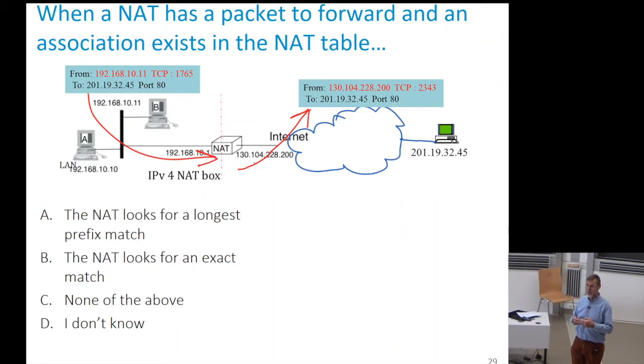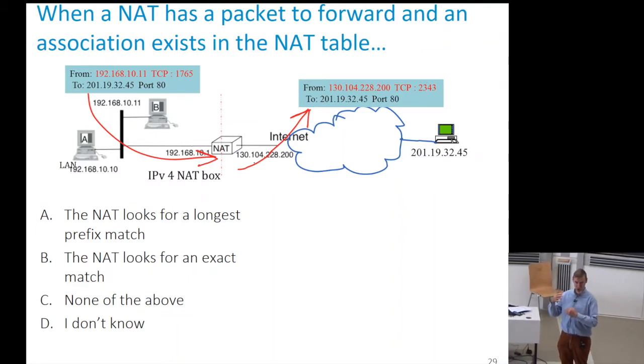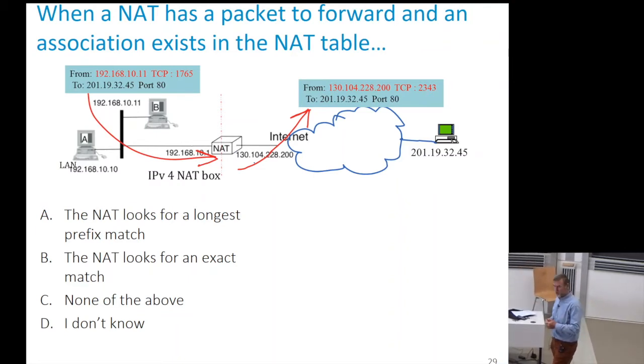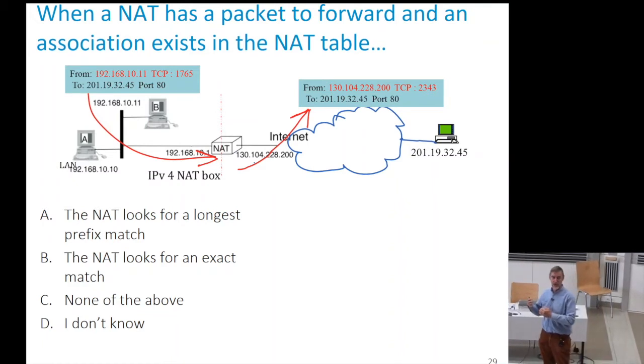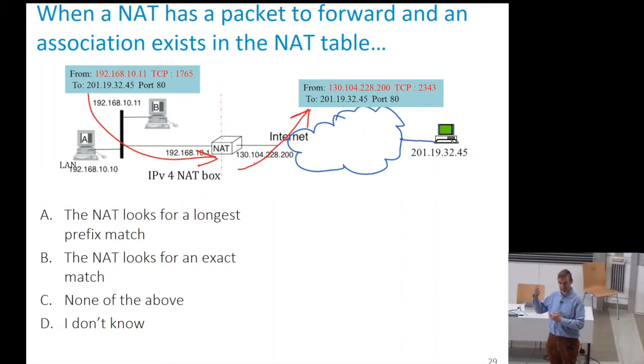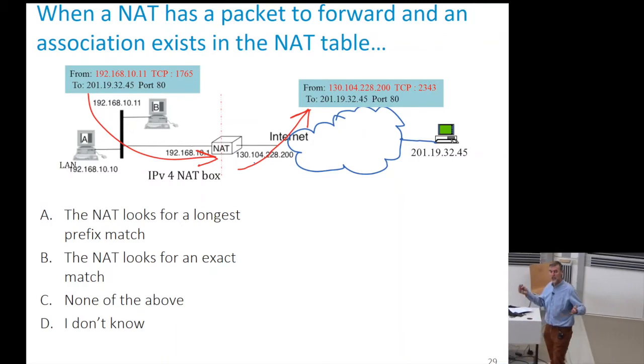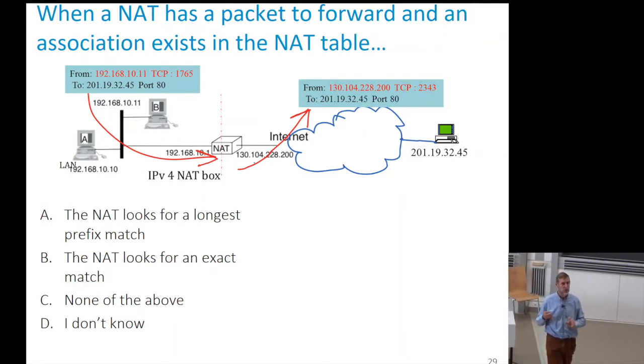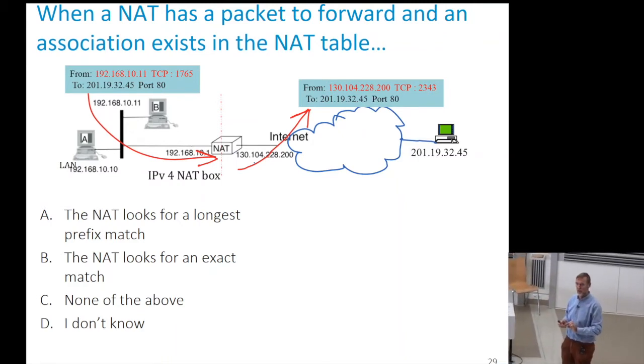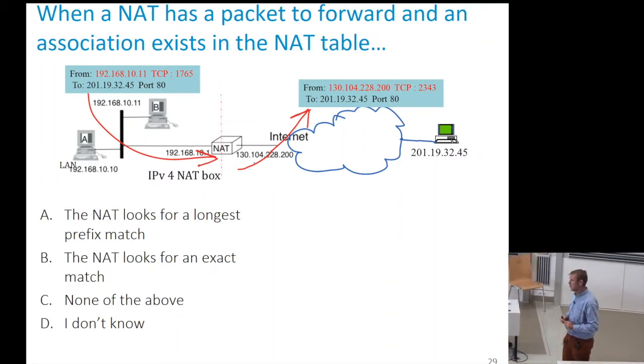IP does a longest prefix match, which allows you to have a relatively short table for lots of communication. Here, not at all. You need a fairly long table, and you need to do an exact match, so it limits the scalability. If you have a large enterprise with millions of hosts, you cannot put it behind one NAT. You will need smarter solutions.